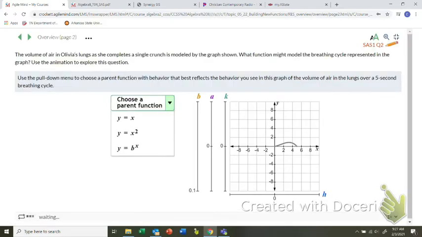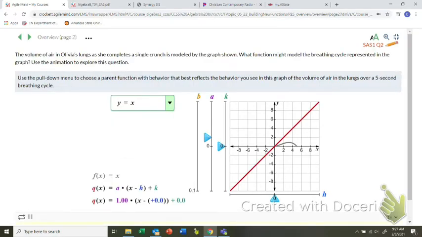So let me go back here and let's look. All right, we're going to start with linear. Any way that I move this line, does it ever get that slight curve in it? No. We are trying to get a somewhat line that looks like this.